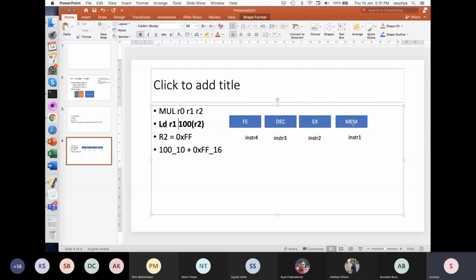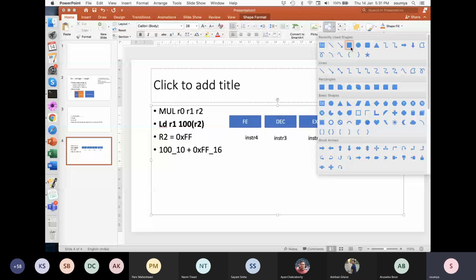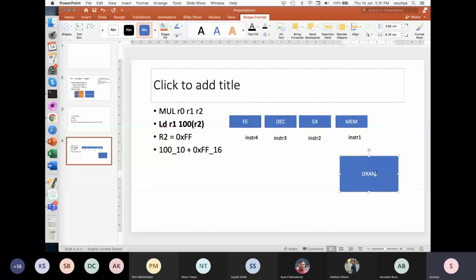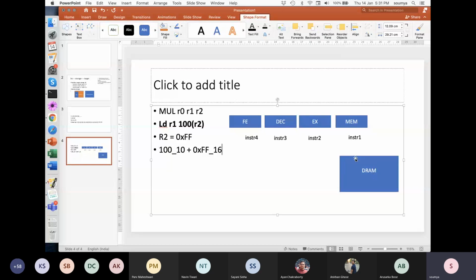But the issue is this instruction is now in the memory stage and it has made the memory request. So the memory is now doing what? Memory is right now interfacing with the DRAM block here, right? So the memory is trying to bring the data from this. Now this access is very slow, whereas this clock for the pipeline is very fast.